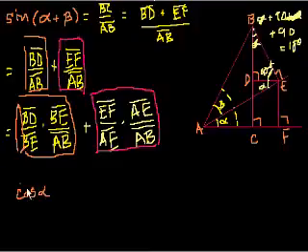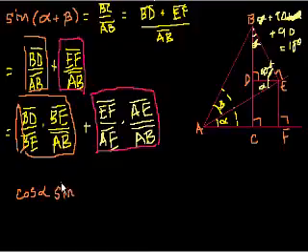And what's BE over AB? If we look at this larger right triangle, that is the opposite of the angle beta over its hypotenuse. So what's opposite over hypotenuse? SOH, sine. So sine of beta is BE over AB. So this is sine of beta.